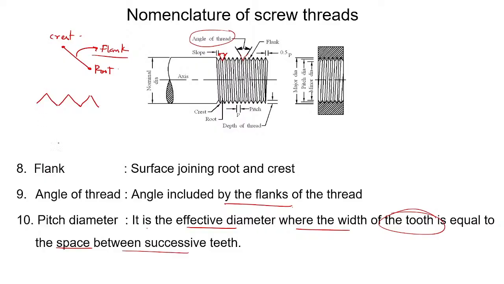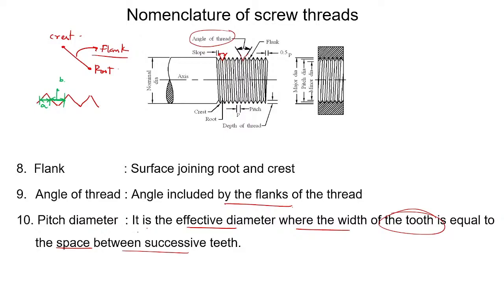Now the pitch diameter is the location where the space between the two threads, let's mark this as B distance, and the width of the tooth, let's call this A. This is the width of the tooth and this is the space between the threads.